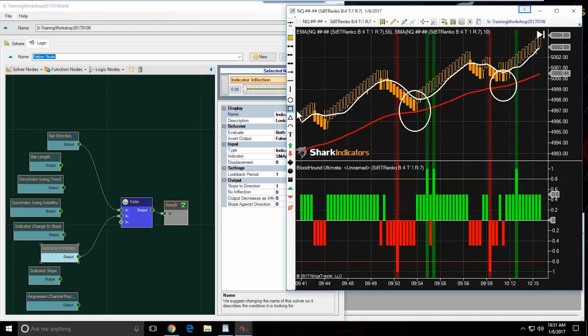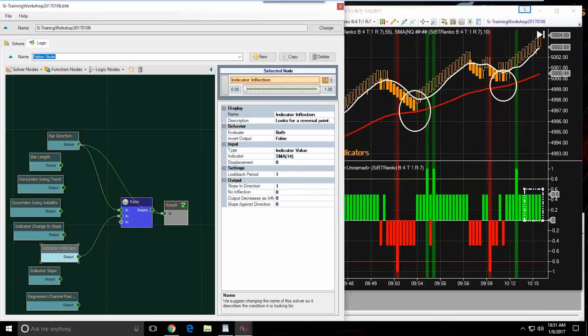So over here, only one solver is long, and the other solver is nothing.